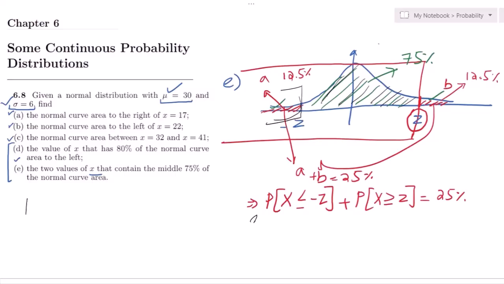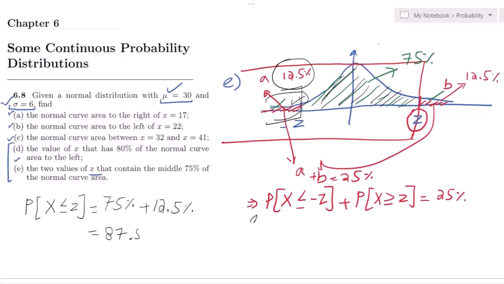So therefore, the probability that x is less than or equal to z is equal to the probability of this one and this one and this one, which is basically 75% plus the remaining 12.5%. So it would be 87.5%.